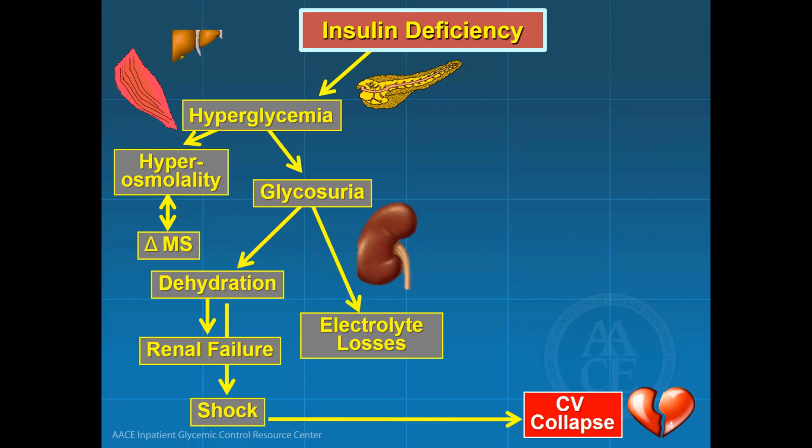For whatever reason, these patients aren't getting the insulin they need. They're not taking it, or maybe not increasing their dose. But ultimately, the dehydration can lead to renal failure. And if it's severe enough, it might even lead to hypovolemic shock, which could cause cardiovascular collapse or cardiac arrest.